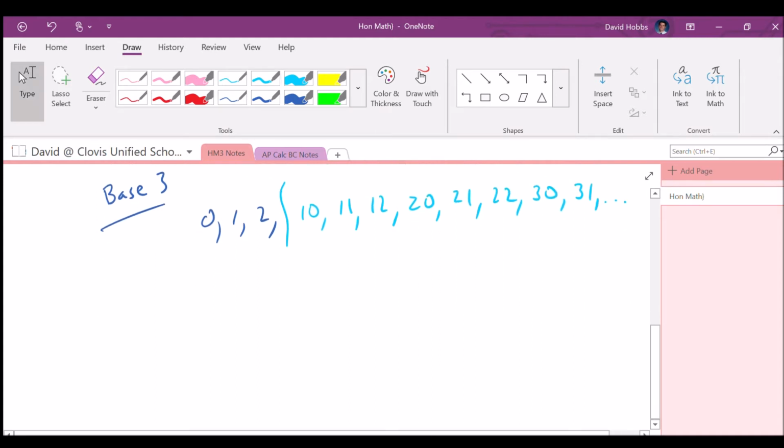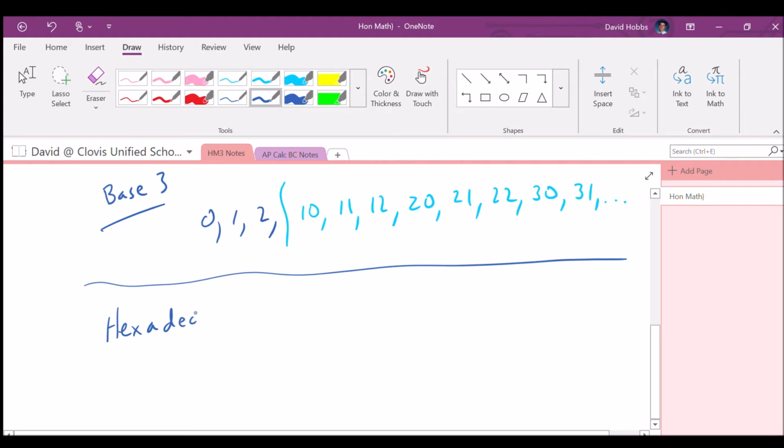What if we have a base that has more single digit representations than base 10? Perhaps you've heard of hexadecimal. This is base 16.